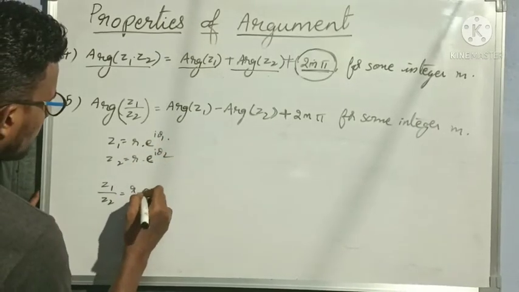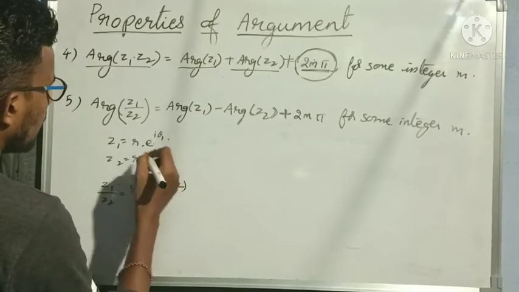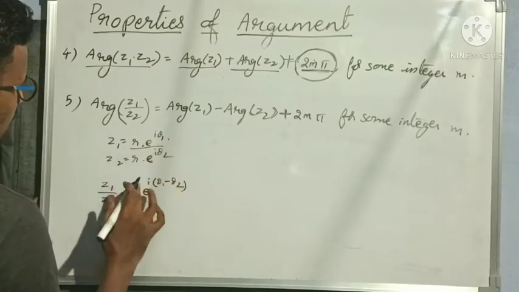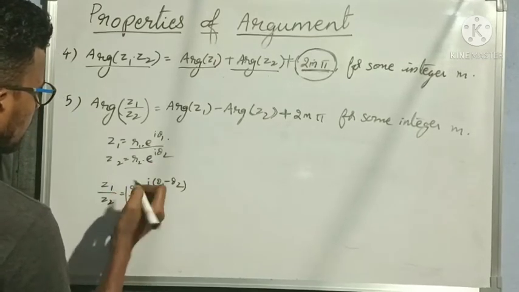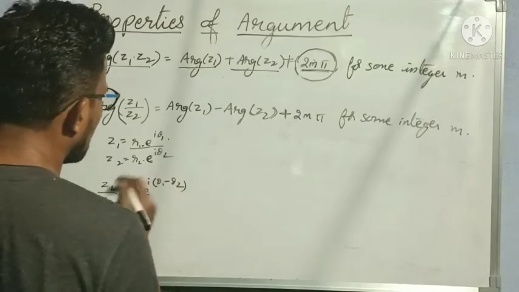Then I will get r1 by r2 into e power i into theta 1 minus theta 2. Why? Because a power m by a power n. r1 by r2 is the magnitude; anyhow, it will not change. So r1 by r2 into e power i into theta 1 minus theta 2.